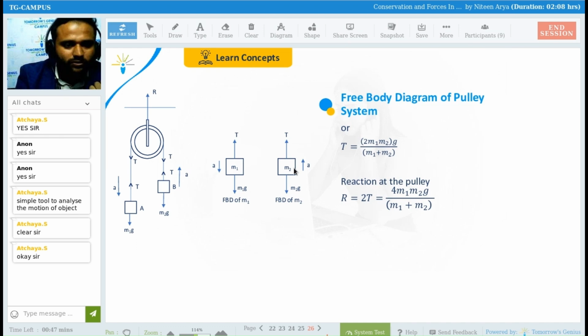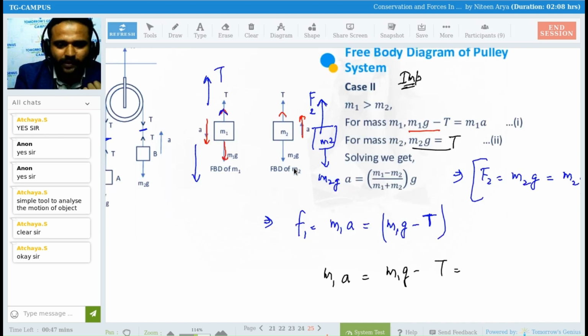Wait for a while. I need to check this thing. Okay, one thing is missing here. See, this equation needs the force on mass m2. Yeah, I got it. What is wrong here? See, for the force on mass m2, one force is missing over there.